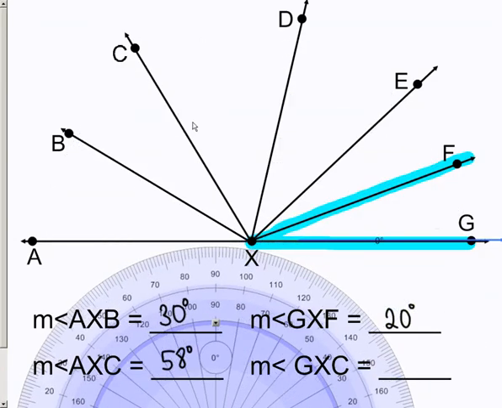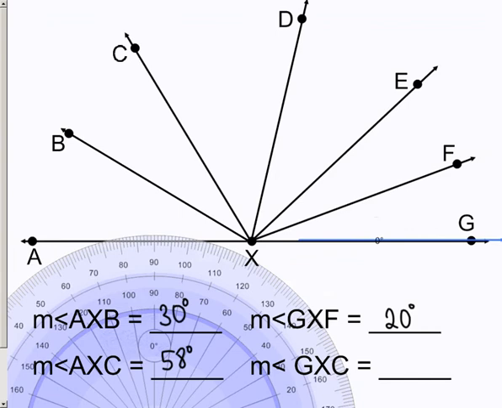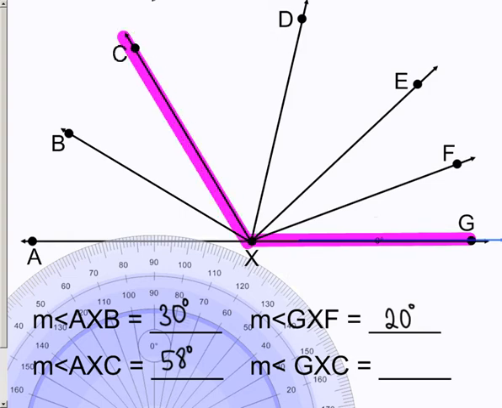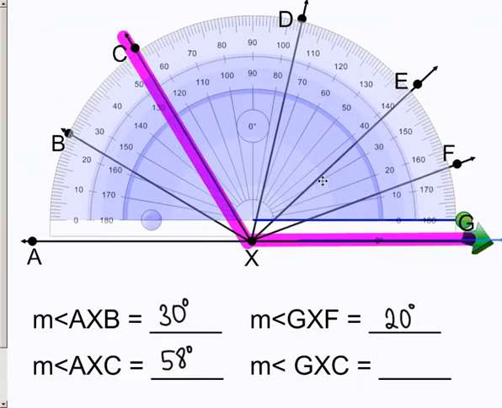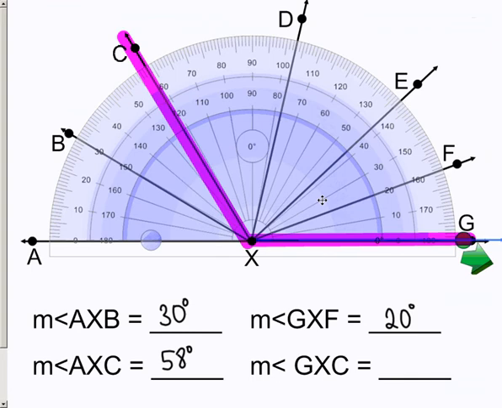Last one. The angle that we want to do is angle GXC. So let's highlight this just so we can see it. Angle GXC. And this is a much bigger angle. But we're still going to do the same thing. We're going to set our protractor down on the vertex where it's right in the center.